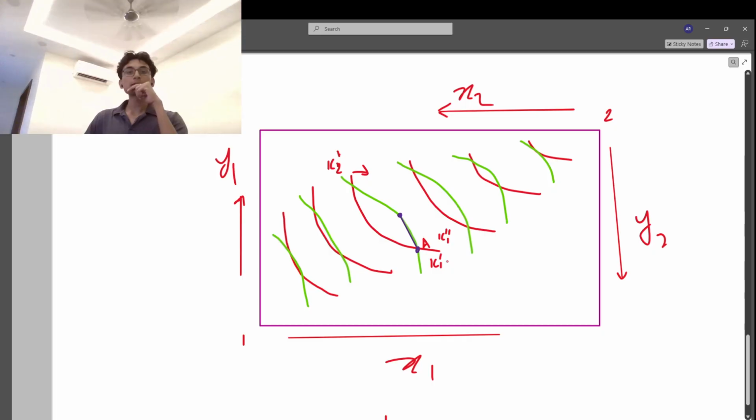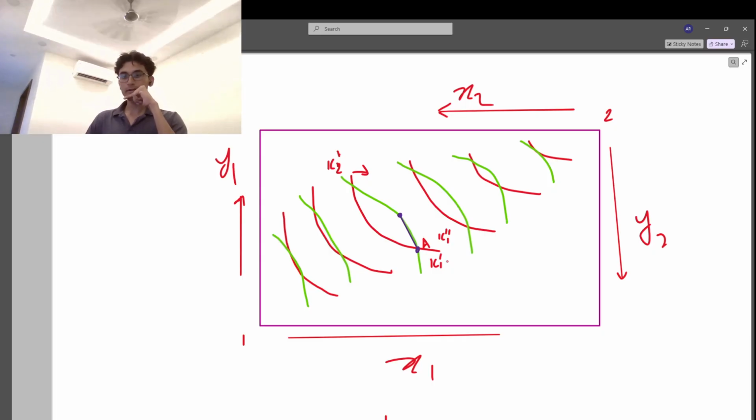Now comes the concept of Pareto superior. So what is Pareto superior? Pareto superior is any point which gives higher utility to both individuals.